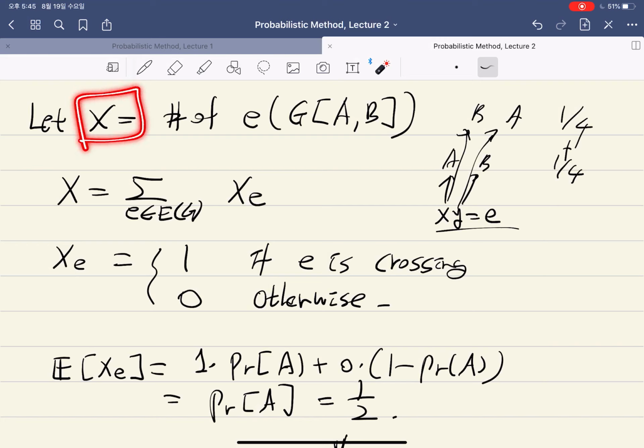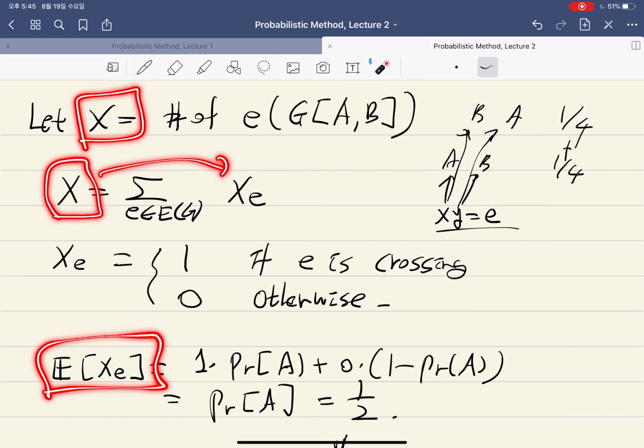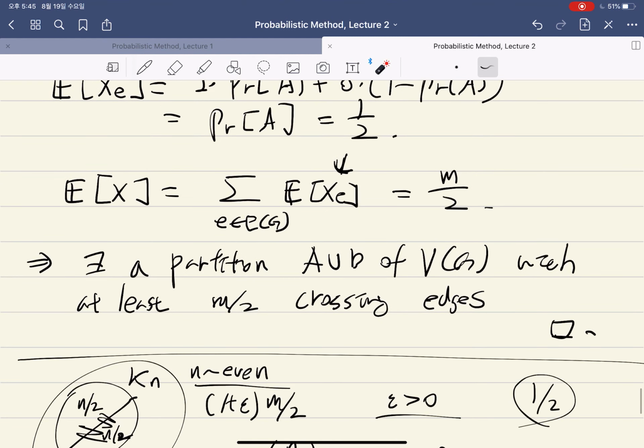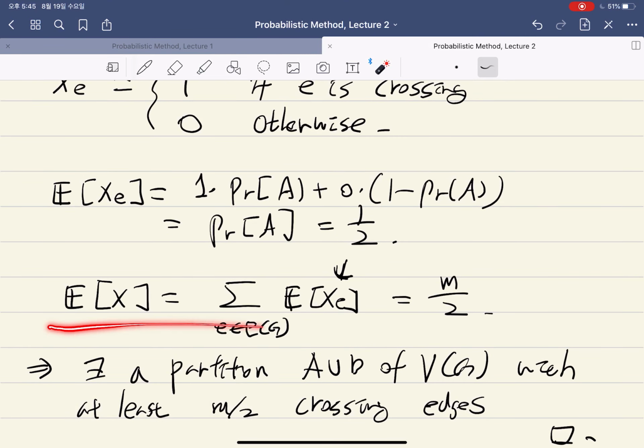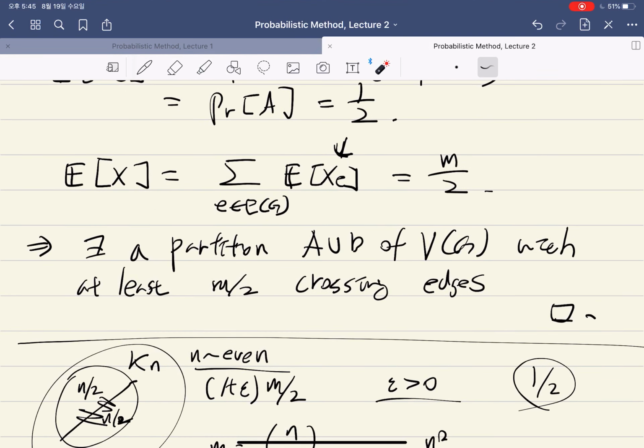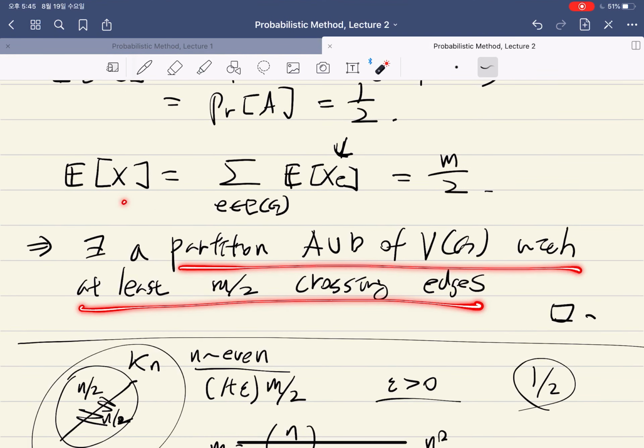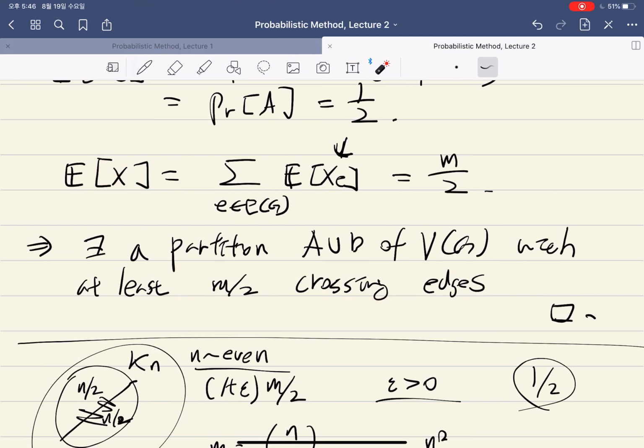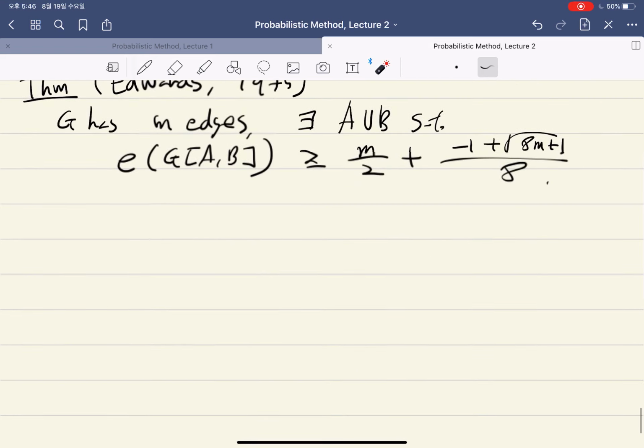How we do it is to consider its expectation and show that it's at least m over 2. For that, we decompose X into indicator random variables whose expectation is easier to compute. By using the linearity of expectation, we compute the expectation and conclude that there exists a choice which makes this random variable X bigger than or equal to this expectation. So that's a typical technique.